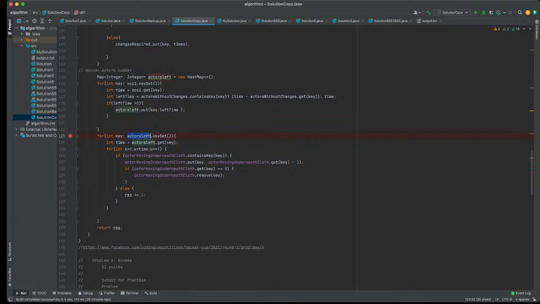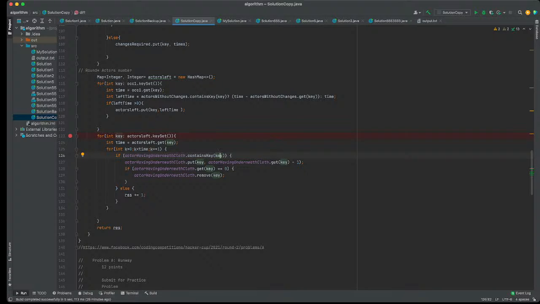So I iterate every actor left. All these actors left need to change clothes to satisfy the requirement of changes required. I need to check whether the current actor has the opportunity to use underneath clothes.